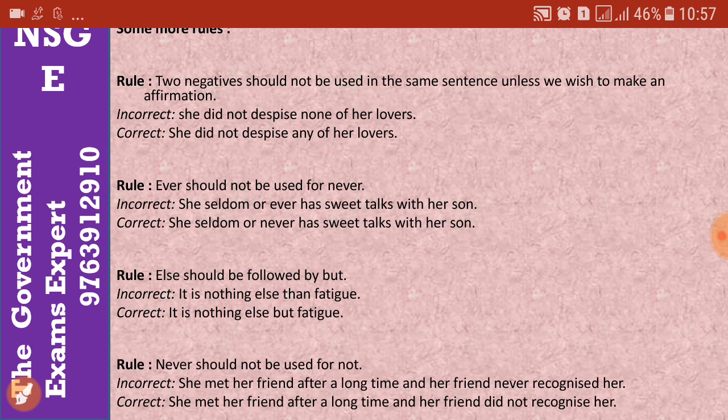All is okay, but the word never shouldn't be used here. Why? Because the appropriate statement would be: she met her friend after a long time and her friend did not recognize her. Didn't recognize her. Not never.